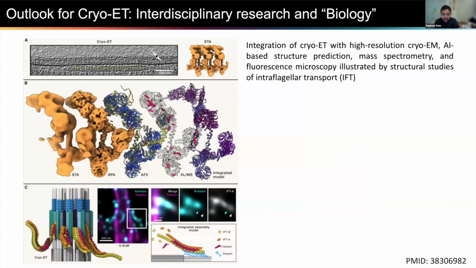So this is my last slide. What is there for cryo-ET? Where is this going? I really believe that the future of cryo-ET is in interdisciplinary research and really more biology.